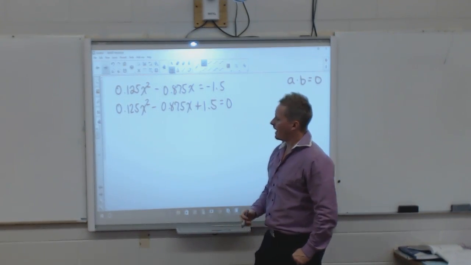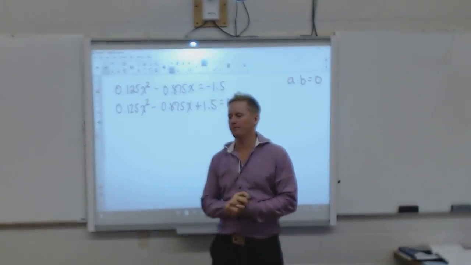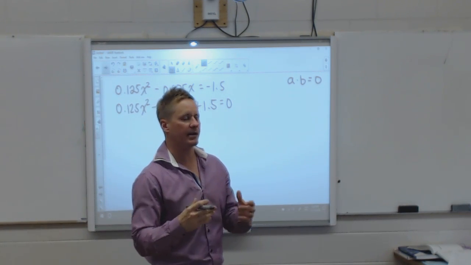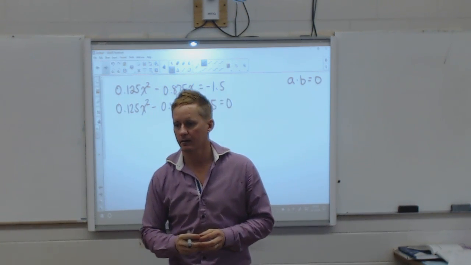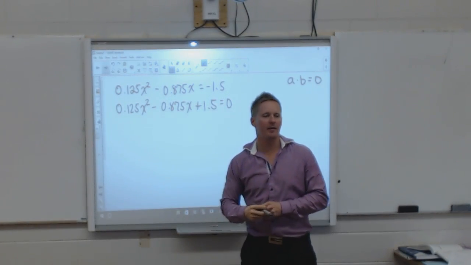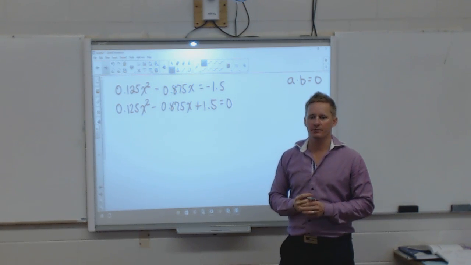Now, I don't often like to use a value in front. So the very first thing we do when it comes to factoring is look for the greatest common factor. I look at these numbers and try to figure out, is there a greatest common factor? Well, it's hard to tell because we have decimals.